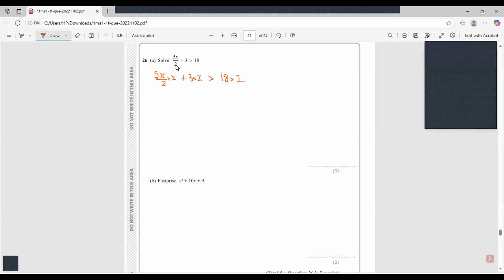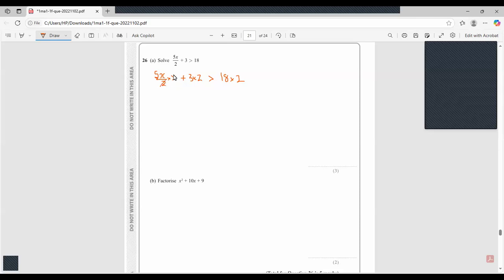So why do you think we're trying to multiply all the terms by 2? Why do you think we're doing this? Can you guess? To get rid of the bottom 2. Exactly, to get rid of it. Yes, exactly. You're correct.